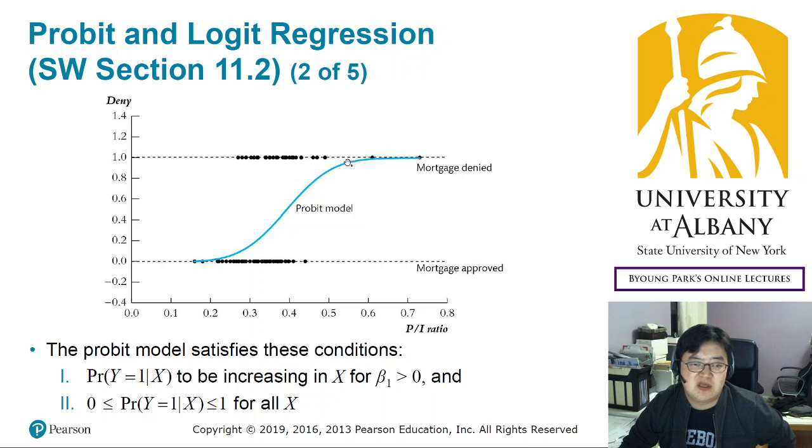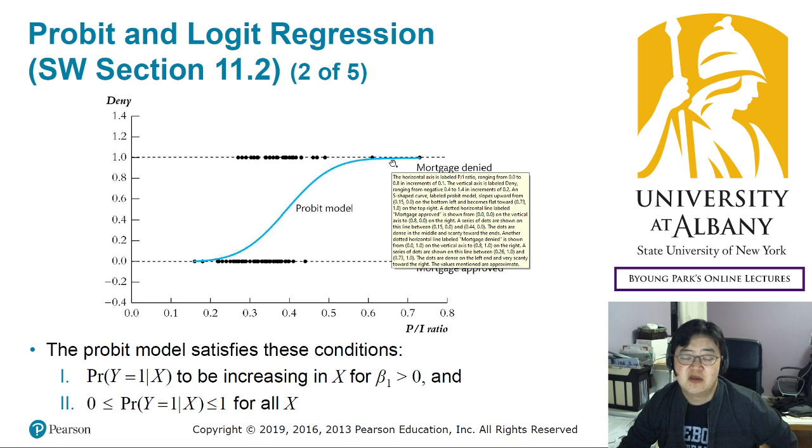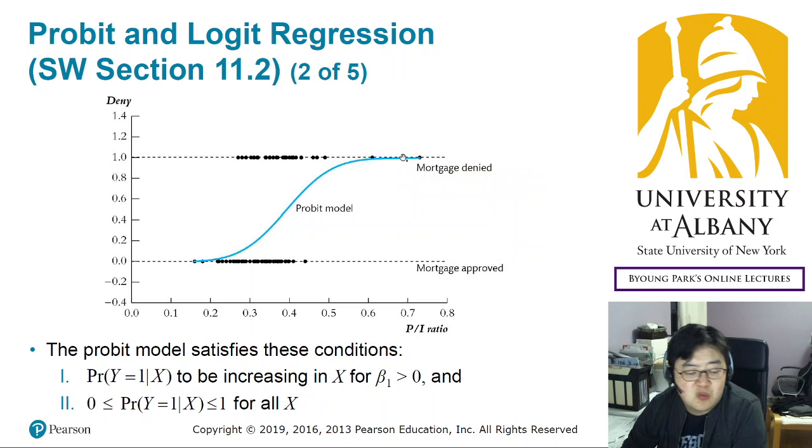The probability is predicted this way. As income decreases, that is, a higher PI ratio means lower income, as the PI ratio increases, the denial probability smoothly increases, but it never goes beyond 1. That is what we do in the probit model.